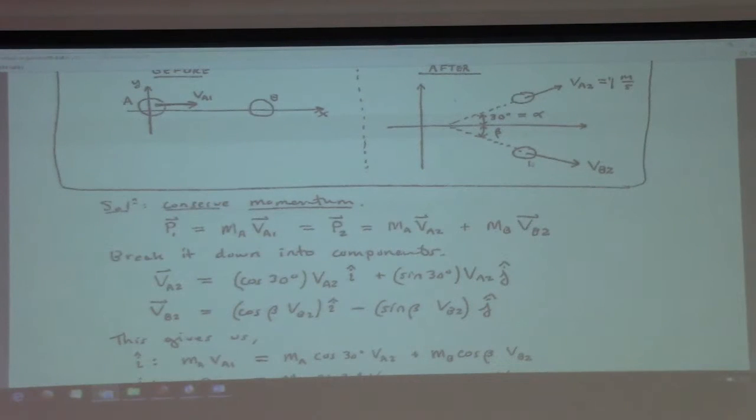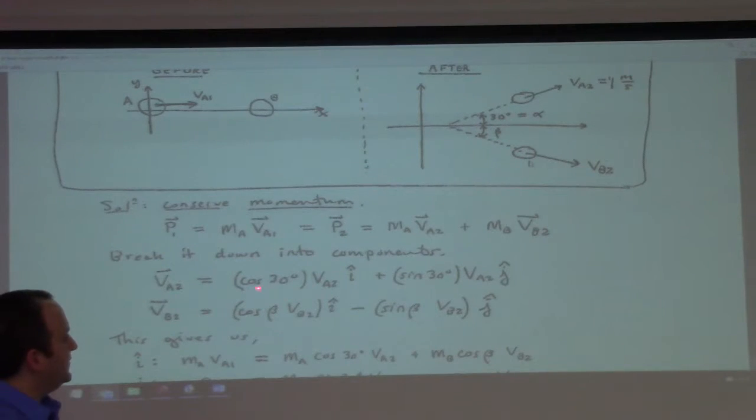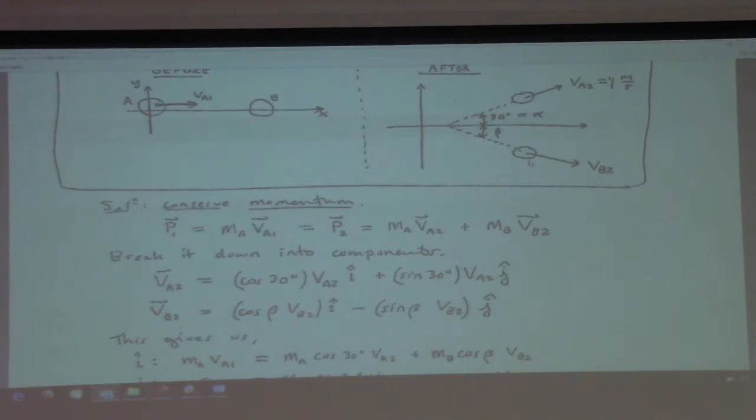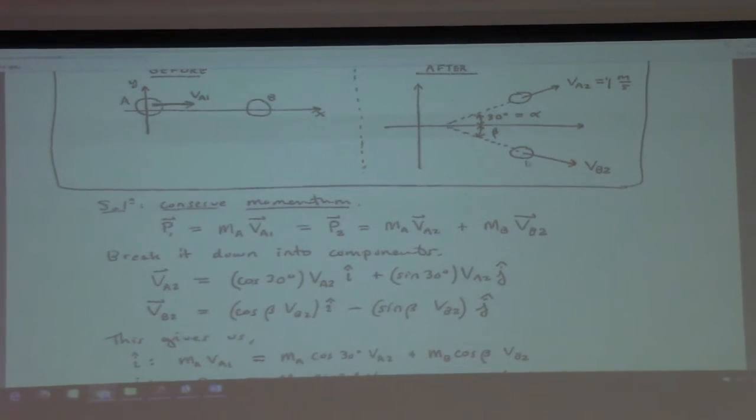So here it is. VA2, I told you that's 30 degrees, so cosine 30 VA2, sine 30 VA2. This 1 meter per second was given, so I can plug numbers in there. VB2, I don't know. There's some angle beta, but cosine beta VB2, minus sine beta VB2, should give me a breakdown of this velocity into its horizontal and vertical components. A lot of times in a problem like this, it's important to make up names for the things you don't know. If you try to solve it all without writing down some kind of intermediate step, you usually can't do it.